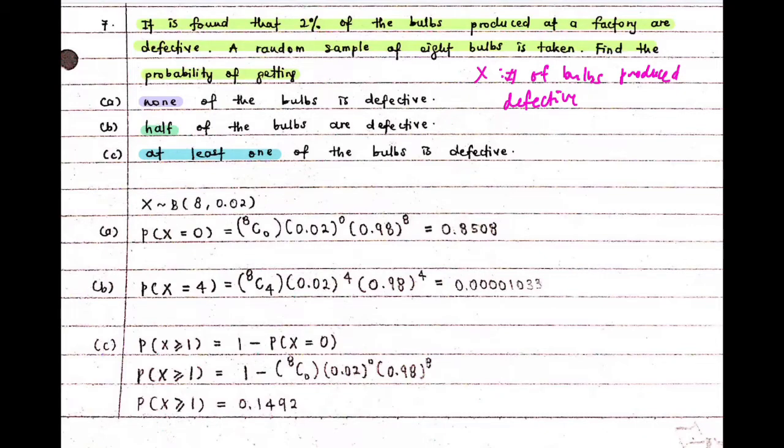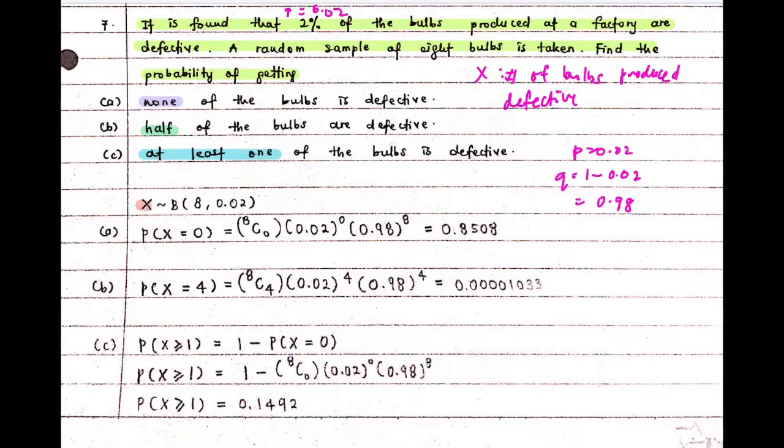It's mentioned here that 2% of the bulbs are defective. Therefore now your p is 0.02. If our p is 0.02, therefore our q is 1 minus p, so 1 minus 0.02, and our q is 0.98.